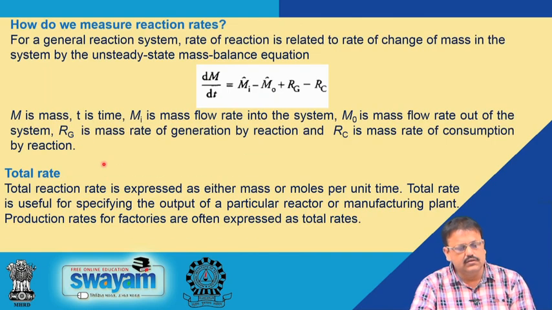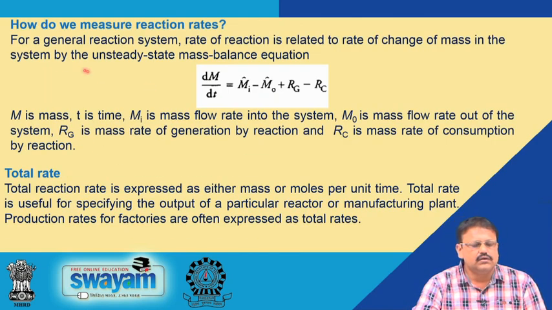Then we will look at how we can measure biological reaction rates, similar to the chemical process. Here m is in mass or moles, and t is the time. mi is the mass flow rate, meaning how much mass of microorganism is coming into the system, and mo is the mass flow rate out of the system.